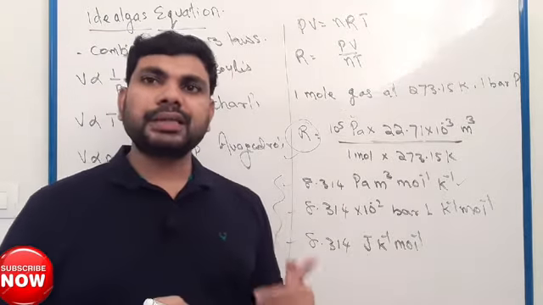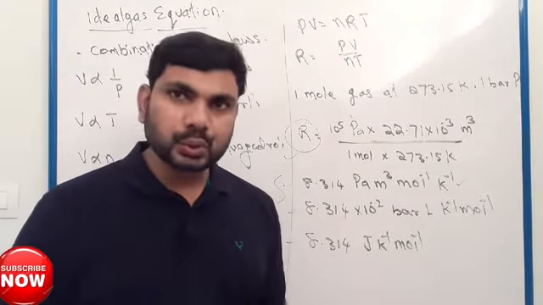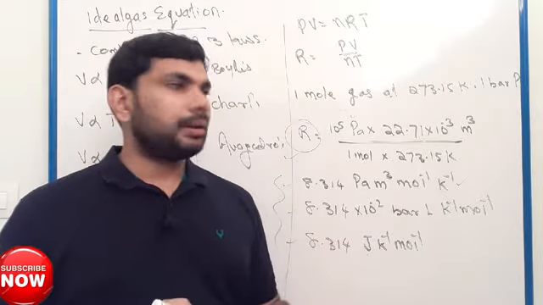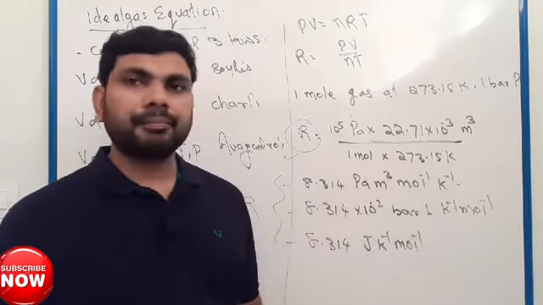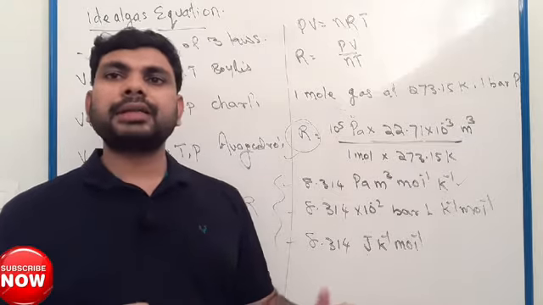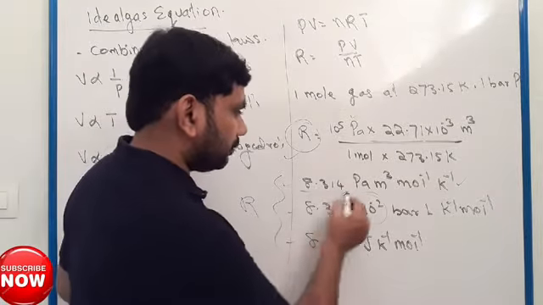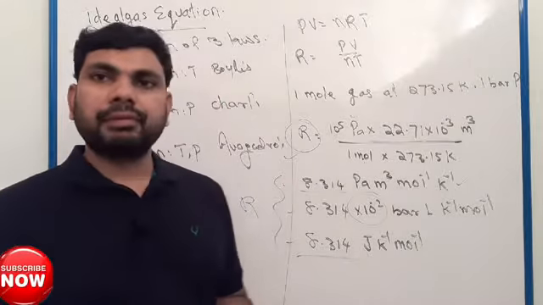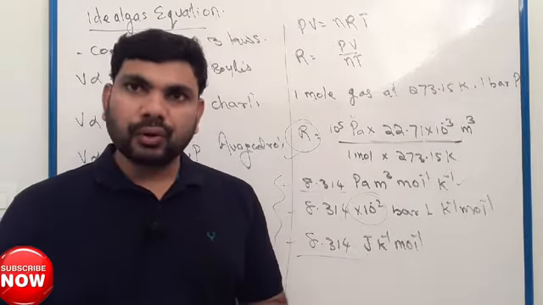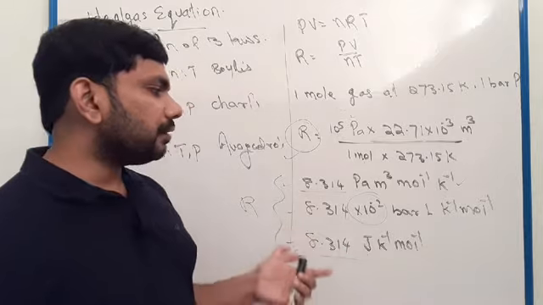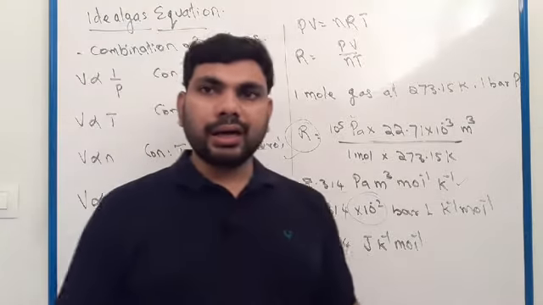Second, 8.314 into 10 raised to minus 2 bar liter per mole per Kelvin. Third, 8.314 joule per Kelvin per mole. Only in the second one is there 10 raised to minus 2; the first and third are just 8.314. So these are the different values of R.